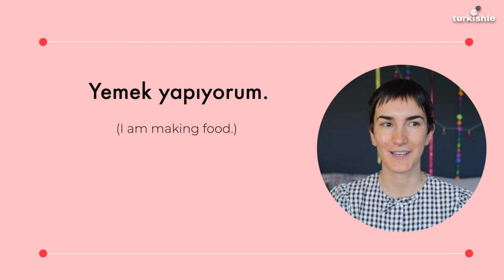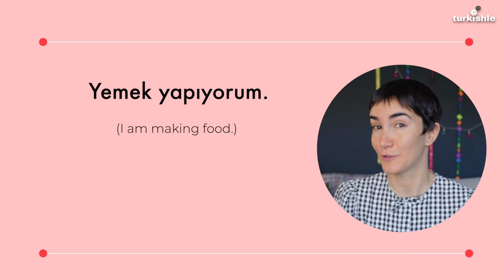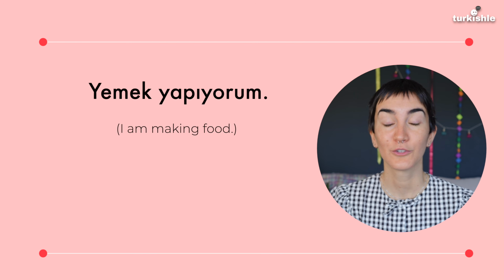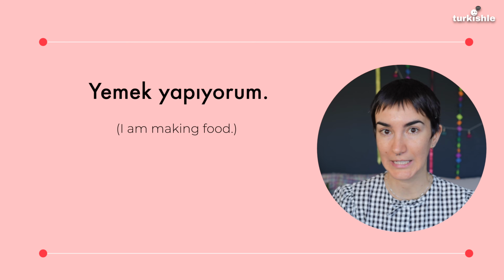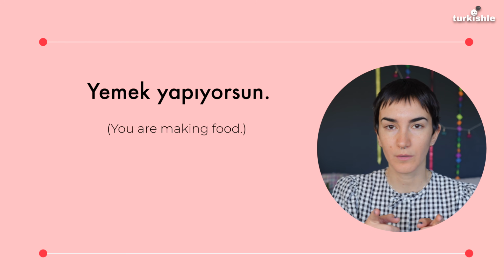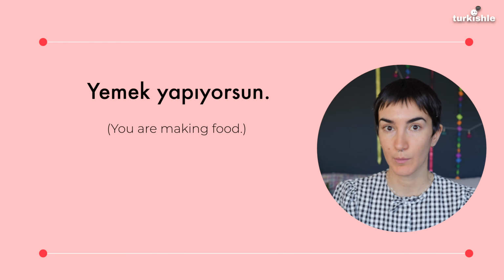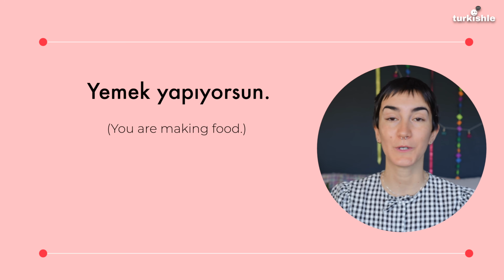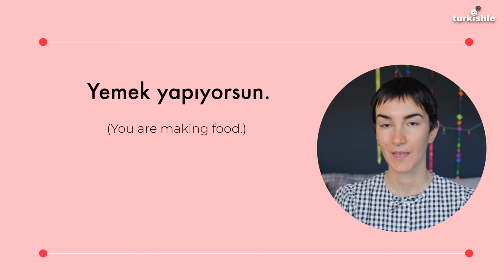So we don't want to ask, am I making food? Because that's not very useful in context. So let's change the subject, the personal ending, to you. So you are making food. Yemek yapıyorsun. We add a question particle at the end to ask a yes-no question.